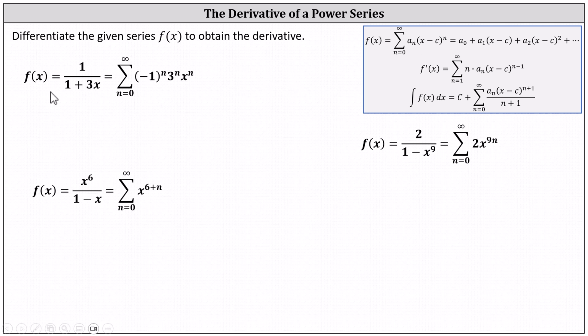Look, in our first example, we have f of x equals 1 divided by the quantity 1 plus 3x equals the sum from n equals 0 to infinity of negative 1 to the power of n times 3 to the power of n times x to the power of n.